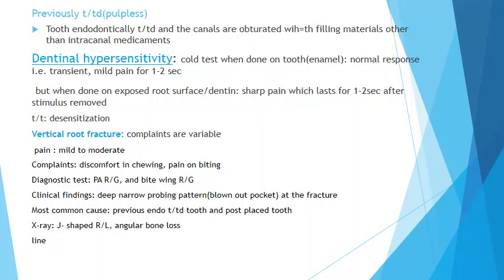Clinical findings will be a deep narrow probing pattern at the site of fracture, or a blown out pocket. And the common cause which might be mentioned in the case history is a previous history of endodontic treatment or post placement in the tooth. This is all we need to know about vertical root fracture, and this is all we need to know to answer this.